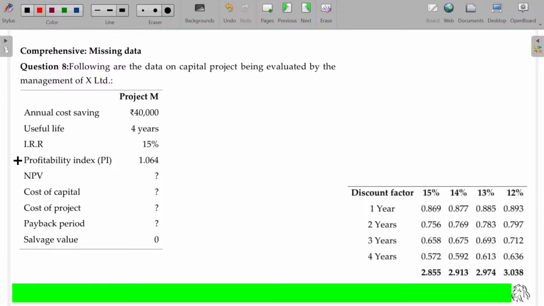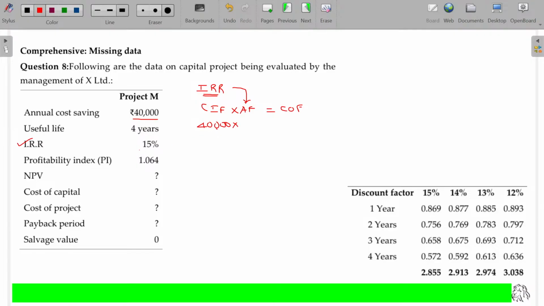We have been given the profitability index as well as the IRR. What is the formula for IRR? IRR is where cash inflow into annuity factor at this rate is equal to cash outflow. Here the savings are considered as inflow, 40,000 rupees.